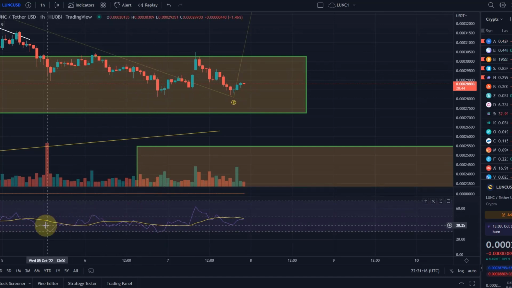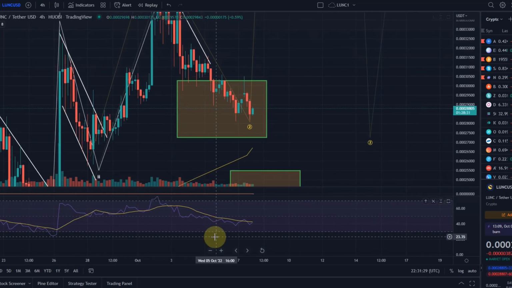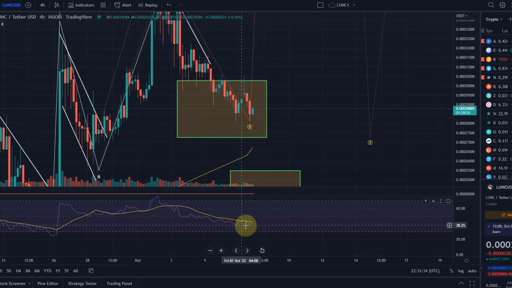Normally you would expect if the RSI was to follow the price, you would expect lower lows. And since then, it has started to recover a little bit. Let's take a look on the 4-hour chart. Here, we don't have such a clear picture of a bullish divergence yet.